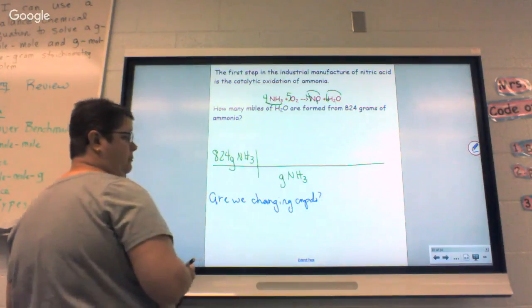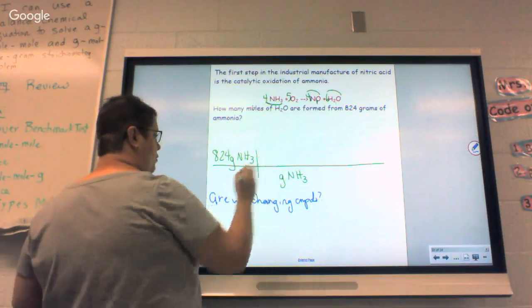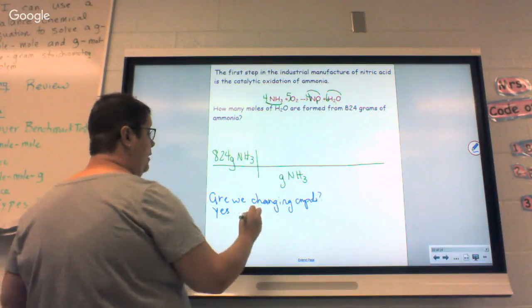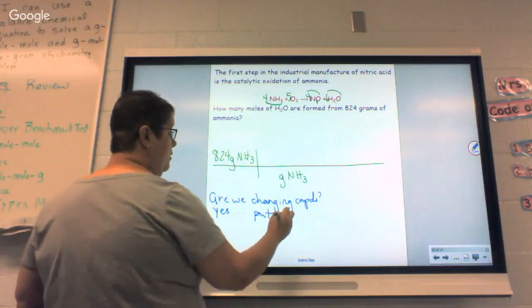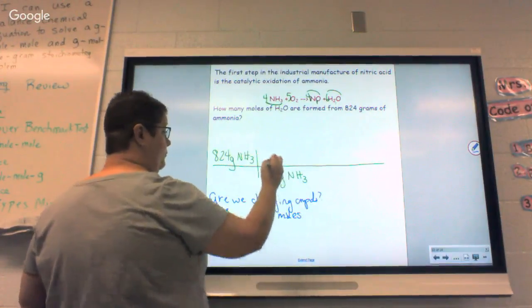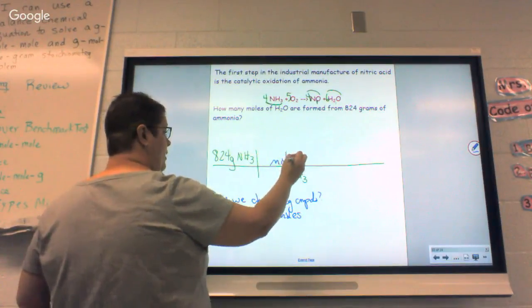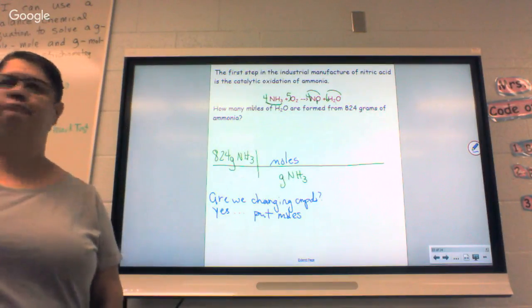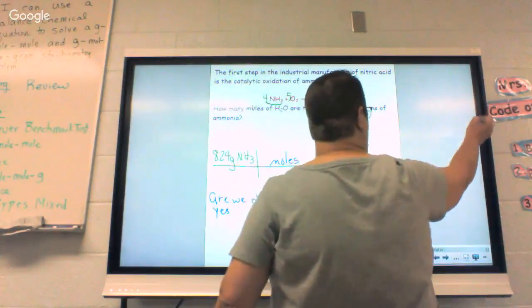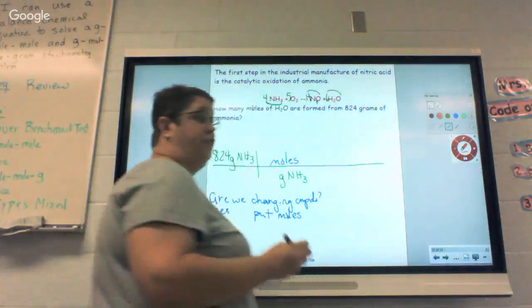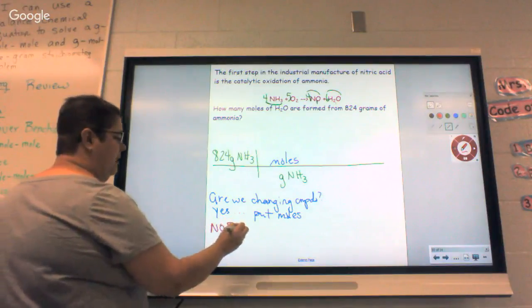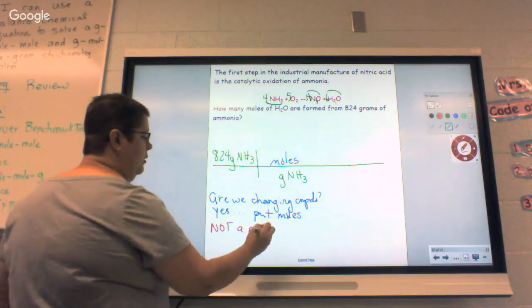And the answer is yes. So, if we answer yes, what do you put on the top? You put moles on top. Now, is that a mole ratio? No. This is where people have struggled in the past. This is not a mole ratio.